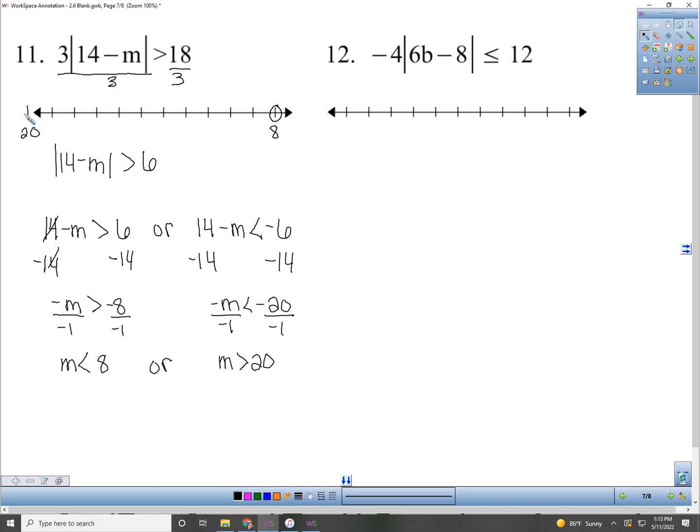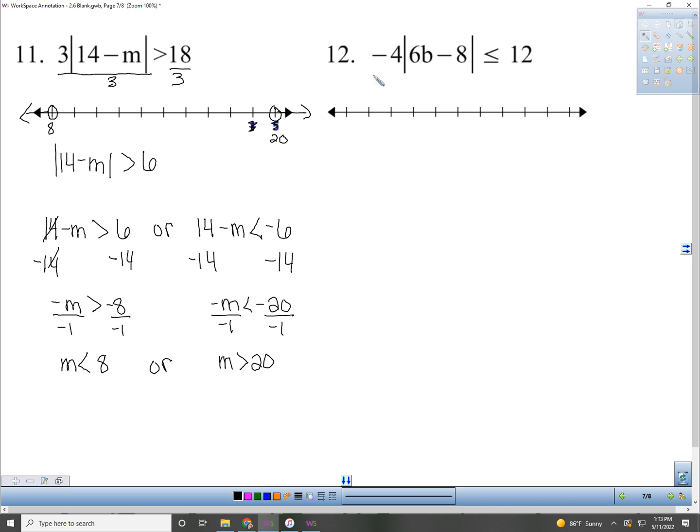We are less than 8, so we will be shading to, well, y'all, I can't count. Let me renumber these. Let's say this is 20, and we'll just say that this is 8. Okay, I'm not too worried about that. All right, so here we have less than 8 or greater than 20.